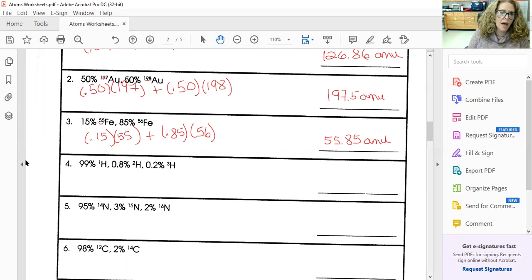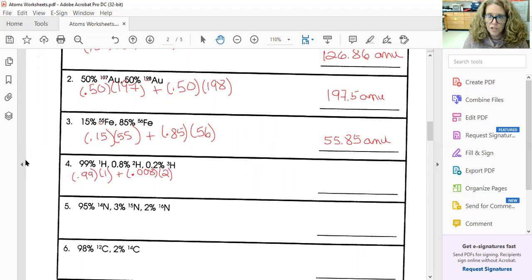Here I have 99% of hydrogen with a mass of 1. So percent times mass: 99% has a mass of 1. Now I have to add 0.8%, so I move the decimal point two places to the left, which is 0.008. Sorry, 0.008 of hydrogen has a mass of 2.